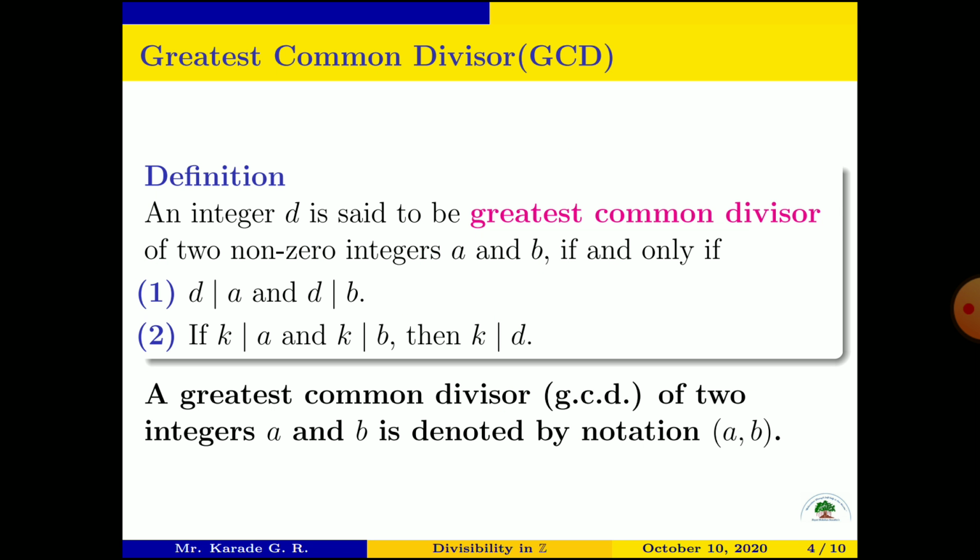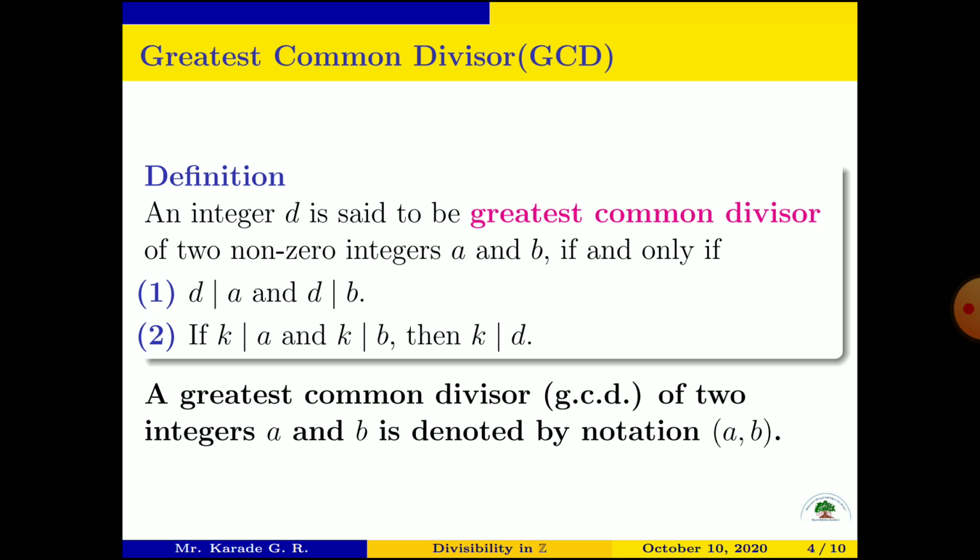So first of all we define the greatest common divisor GCD in formal language. An integer d is said to be the greatest common divisor of two non-zero integers a and b if and only if there are two conditions on d.